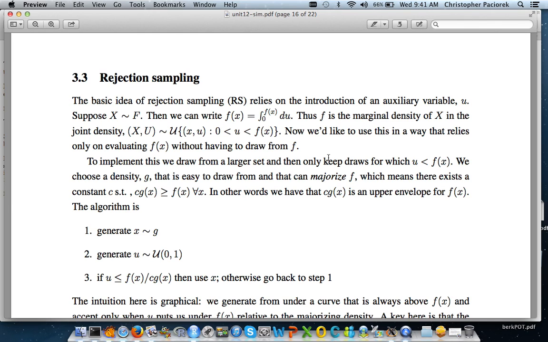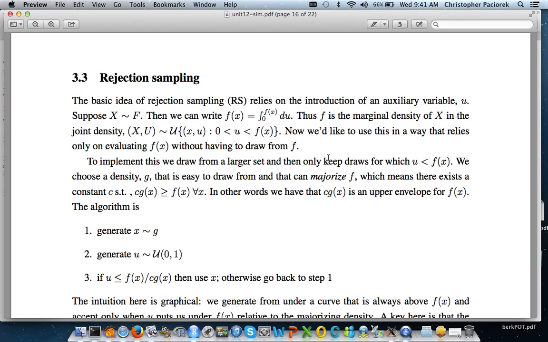Well, that is just the CDF of x, the CDF for this random variable X. So that says the marginal distribution for X, if I have this bivariate distribution, is just the distribution that I want, which is the original density f with its CDF capital F.